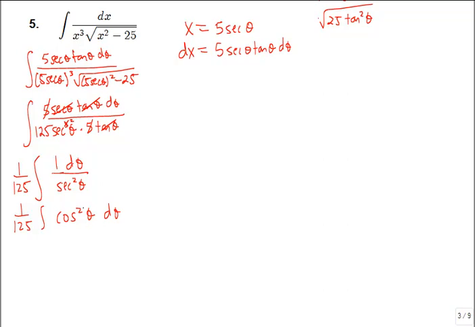So that's what I'm going to use right here. So the 1 over 125 stays out front, and the half angle identity is a 1/2. I'm going to pull that out front, and then this turns into 1 plus cosine of double this angle. So this is theta right now. When I use this identity, it doubles it and turns it into a 2 theta.